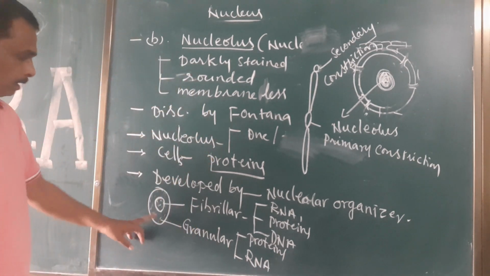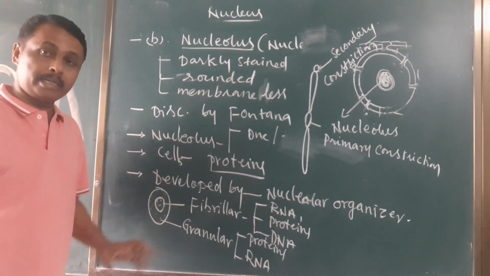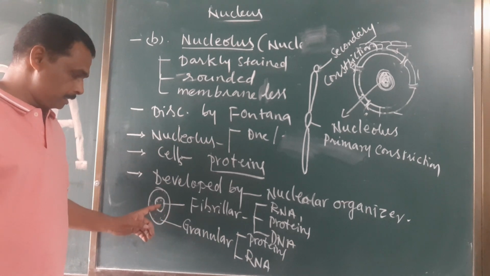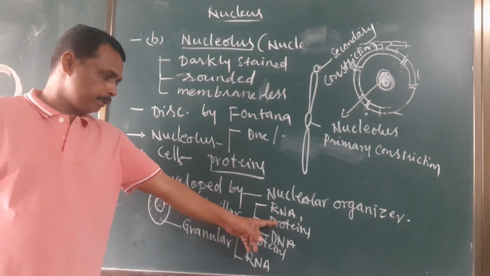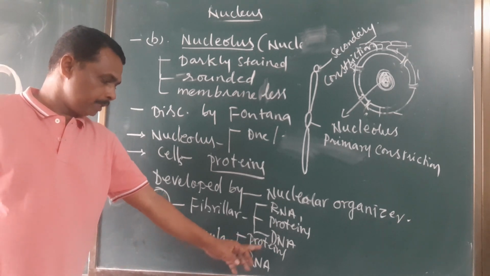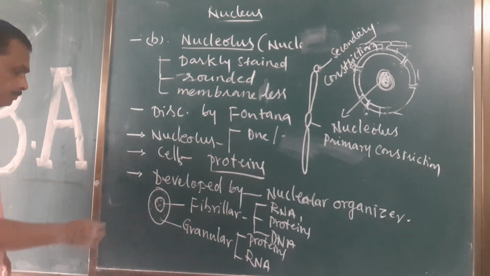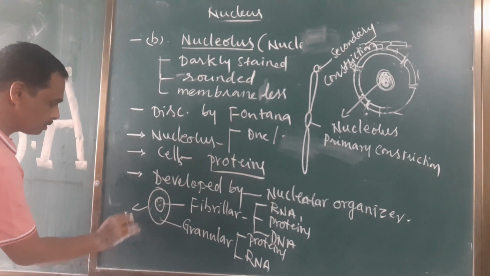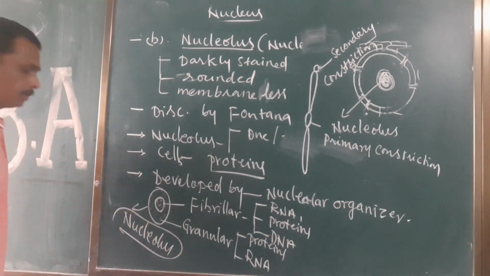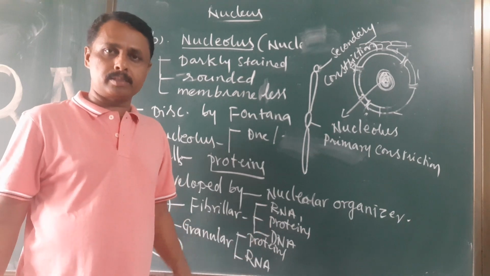So proteins and RNA are present on the periphery of the secondary constriction of the chromosome, and in the center, the fibrillar part, RNA, proteins and a trace amount of DNA. This site acts as the site of formation of the nucleolus.